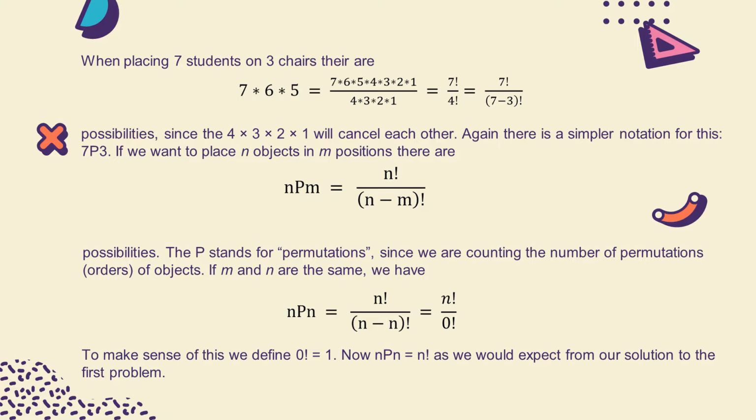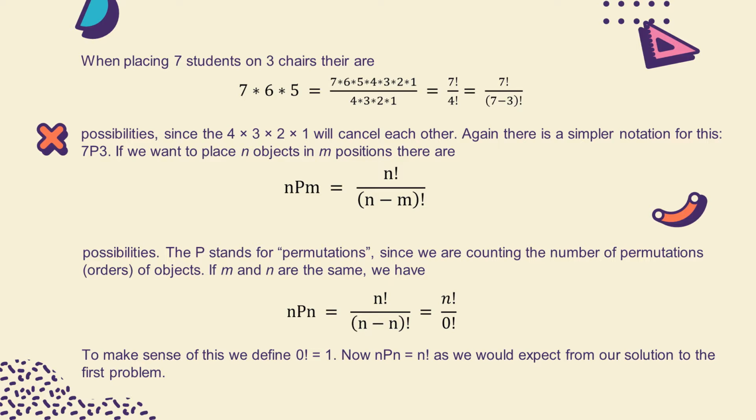The P stands for permutations. Since we are counting the number of permutations of objects, if m and n are the same, we have nPn equals n factorial upon n minus n factorial, which is n factorial upon 0 factorial. To make sense of this, we define 0 factorial equals 1.